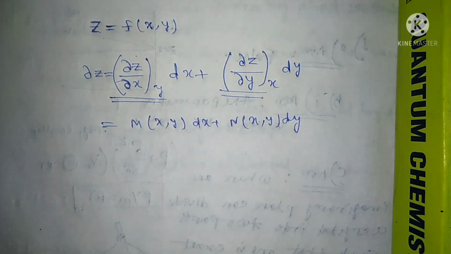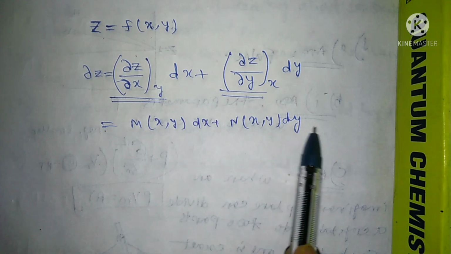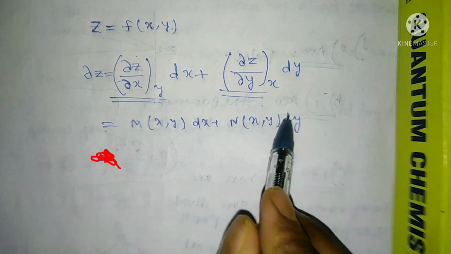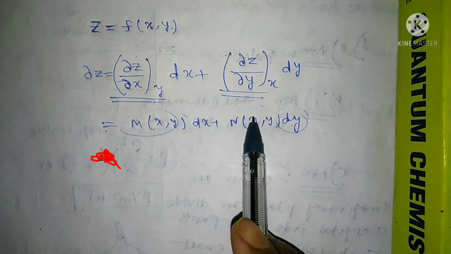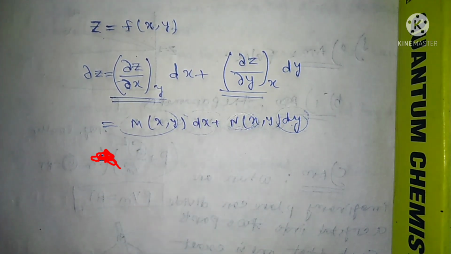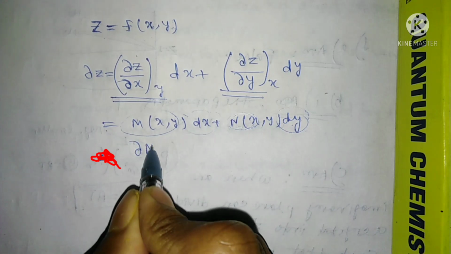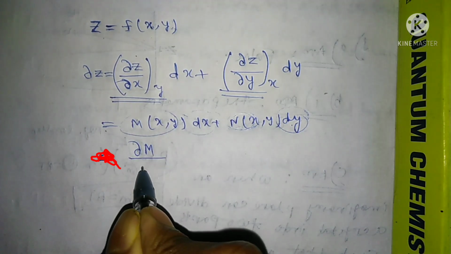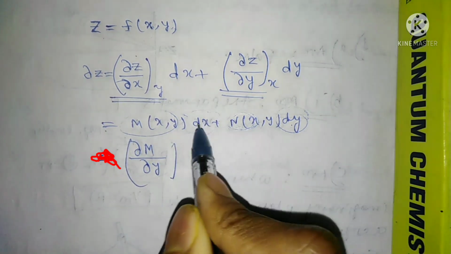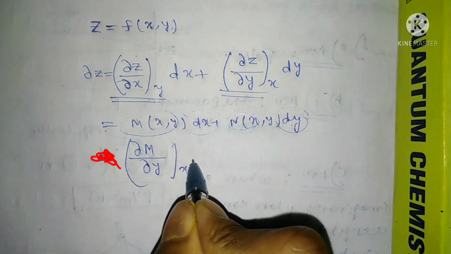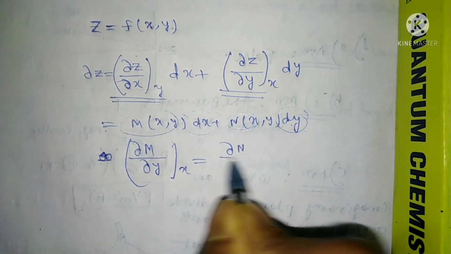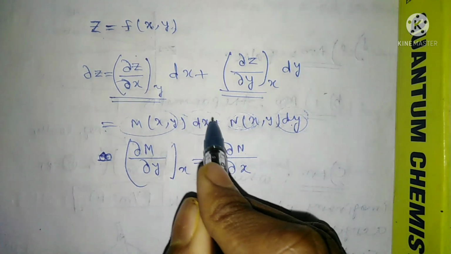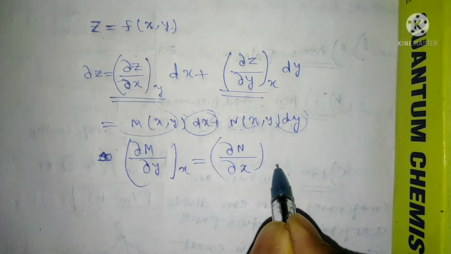Now according to Euler's reciprocity relation, we have to differentiate this with respect to y and this with respect to x. So ∂M/∂y at constant x is equal to ∂N/∂x at constant y.